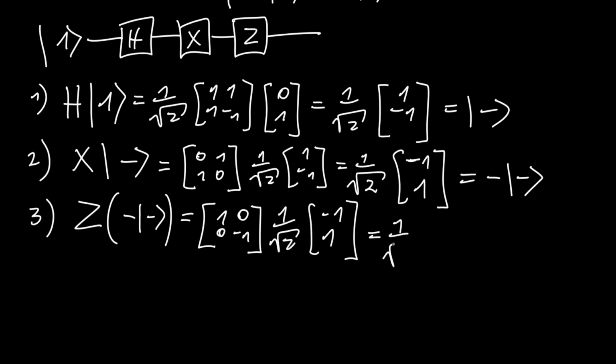Again 1 over square root of 2, 1 times minus 1, 0 times 1, so it's minus 1, and then 0 times minus 1 times 1, it's gonna be minus 1. So this is just minus a plus state, like this. And this is our answer.